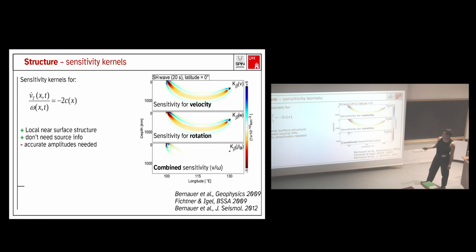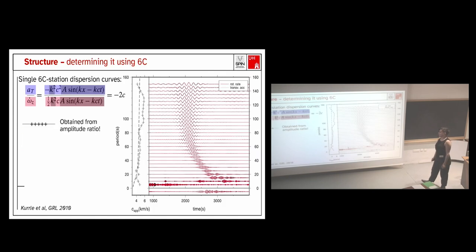So we're sensitive to the local subsurface structure, and that means that with a pretty easy operation, you can get things like dispersion curves from your measurements of translation and rotation together. This is an example from quite a while ago by Dieter Kurle, where he just created dispersion curves of a teleseismic event.